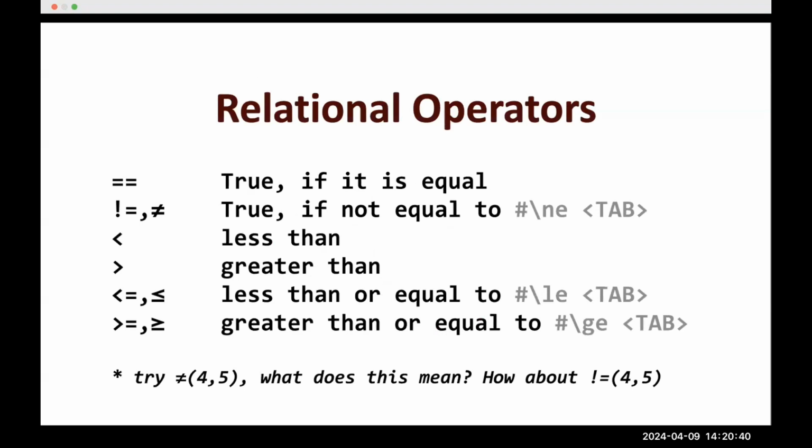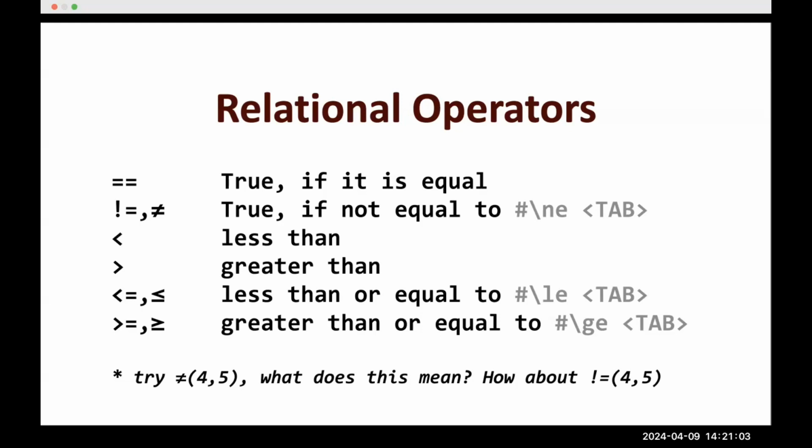These are also standard relational operations. If A equals B, you get a true value returned by the comparison. It doesn't really give you any numerical value. This is just Boolean values, true or false. That's the two options. And also you have not equal to, greater than, less than, greater or equal to, less or equal to.